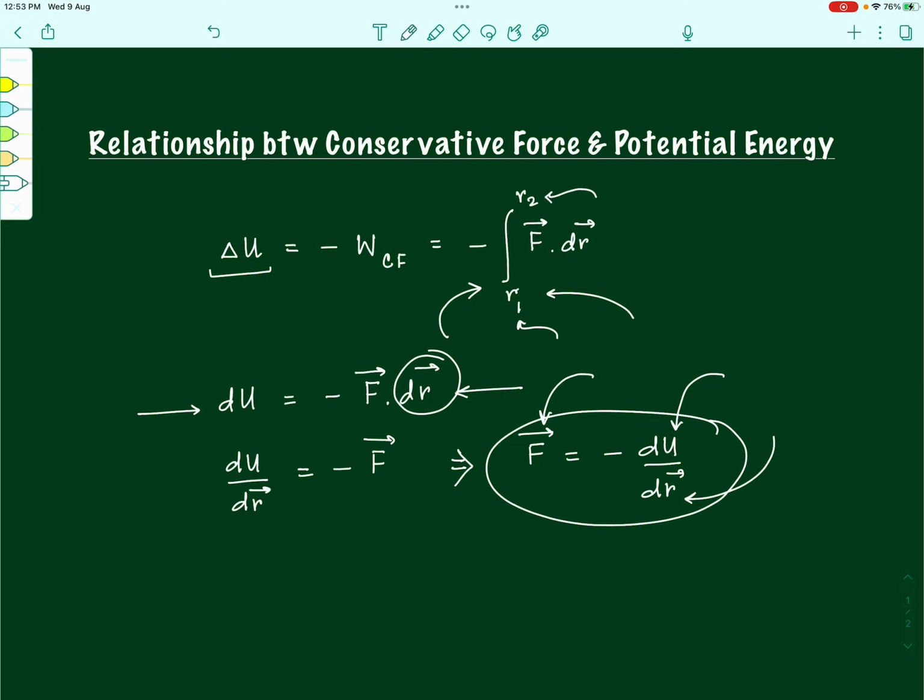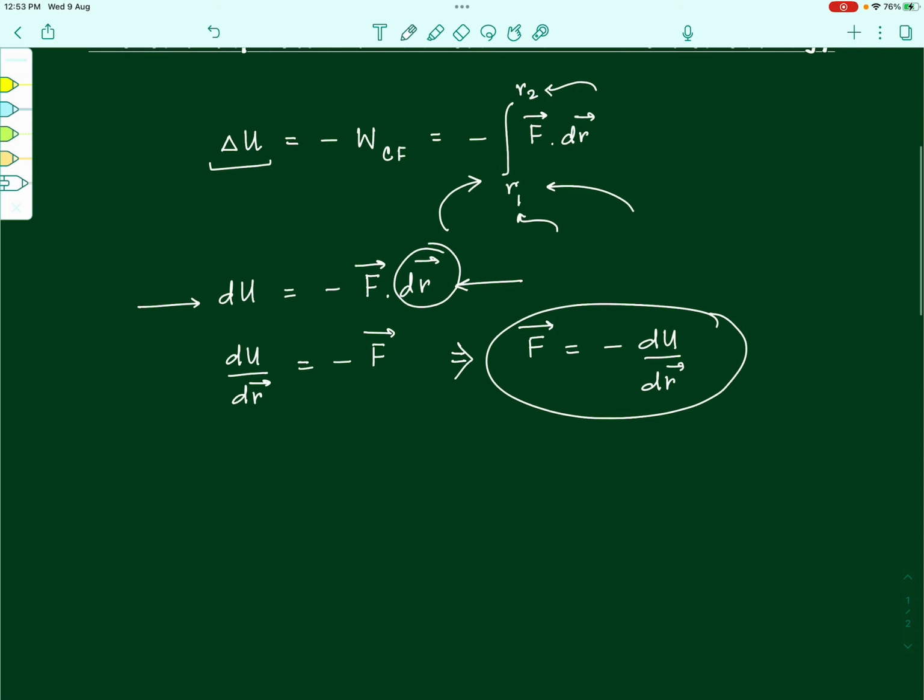In fact, this is not as simple an equation as it looks to be, because if you see carefully, the term U here is a scalar term. Potential energy, we all know, is a scalar quantity, whereas on the left hand side we have a vector. Force is a vector. So, by doing some operation on a scalar quantity, we are getting a vector quantity. How is that so? So, we need to understand that when we open this equation and get it in its detailed form, the form of this equation will actually be like this.